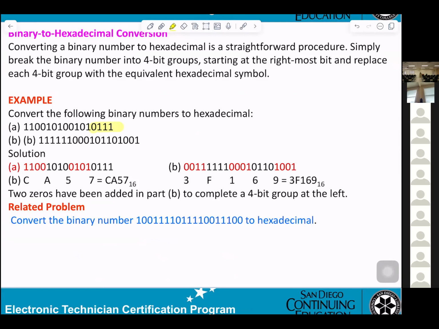And the next 4 bits. Okay, 1 here, 1, 2, 3, 4 here, 1, 2, 3, 4 here. Can you tell me the hex number? What is it? That's what you have to know.